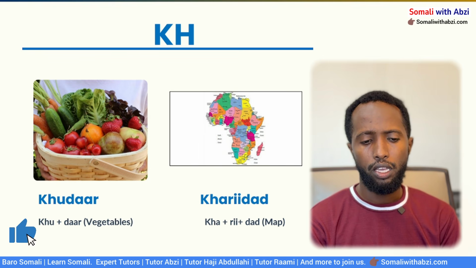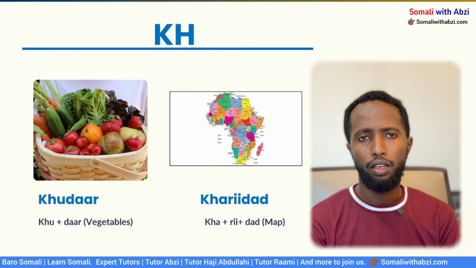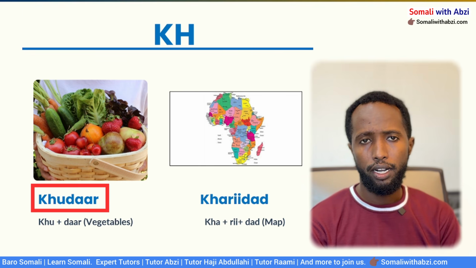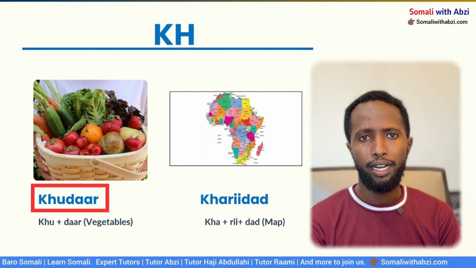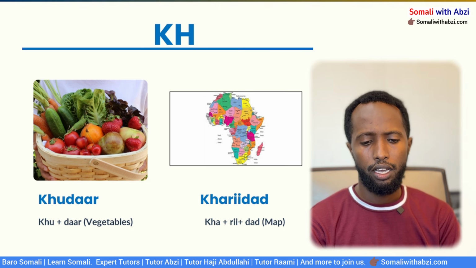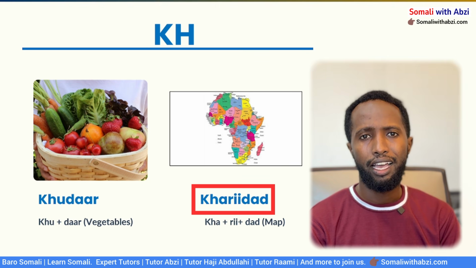The next letter is kha. Kha has two different letters. When we combine them together, they pronounce the sound kha. Kha is also a very special letter in Somali. Like khudaar, khudaar. And also we have kharidad, kharidad.